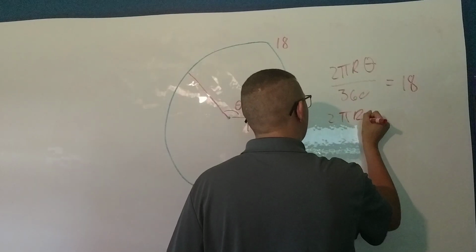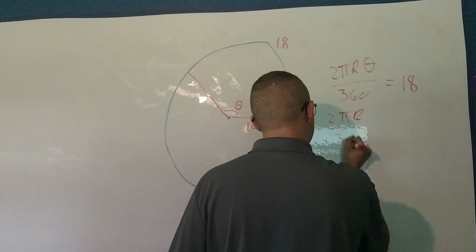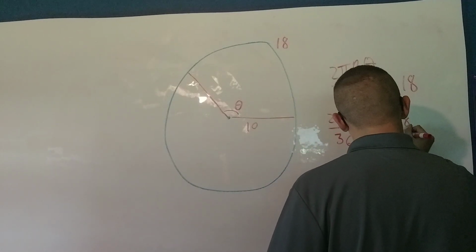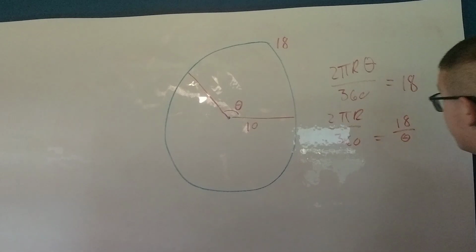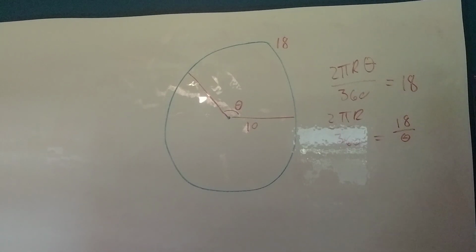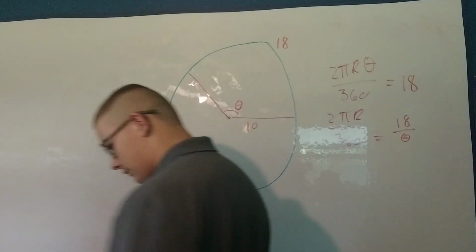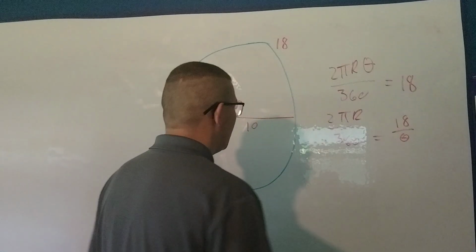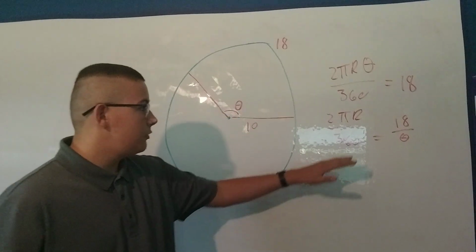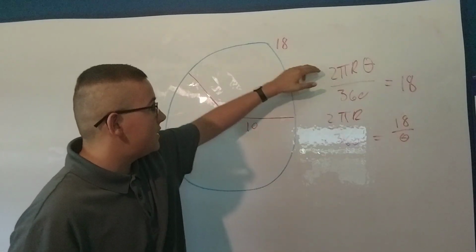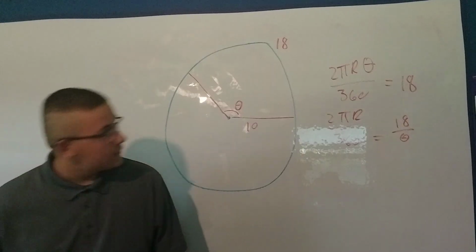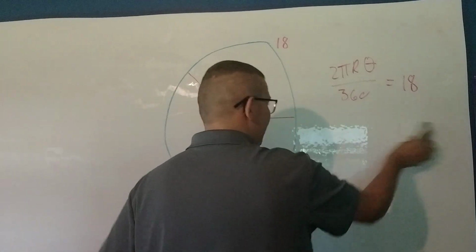We do 2 pi r over 360 equals 18 over theta, like that. Just multiply by the reciprocal. And then, no, I did not do that right. I don't know what I'm talking about. We're supposed to multiply by 360 over 2 pi r on both sides. See, whenever these hit about an hour, I stop thinking properly.